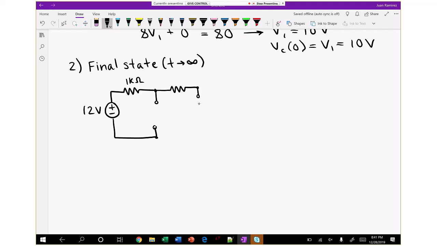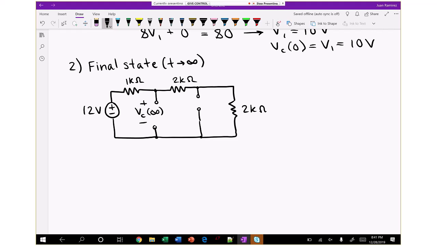Again, there's an open circuit between what was left, which was the 2K and the 8 volt, so not part of the circuit, and then you have a 2K ohm over here. And what we care about is the final capacitor voltage.